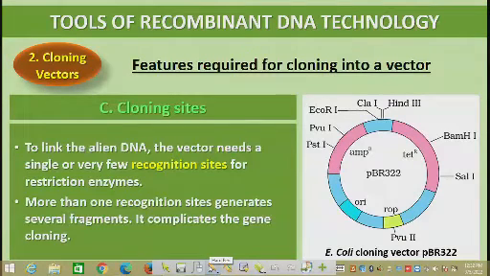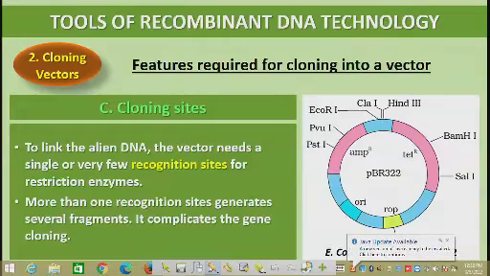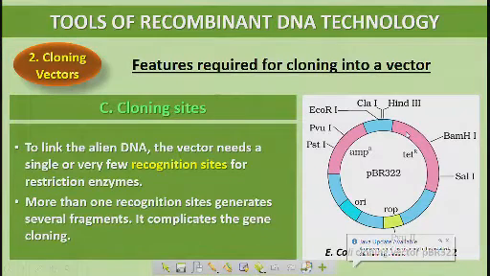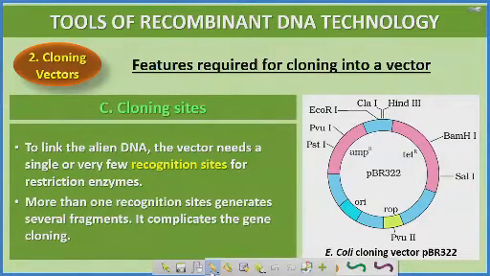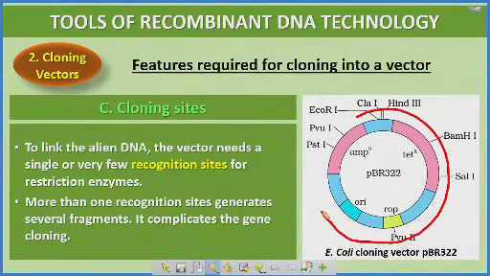So look at the E. coli cloning vector pBR322. This is the DNA stretch, or simply the plasmid.